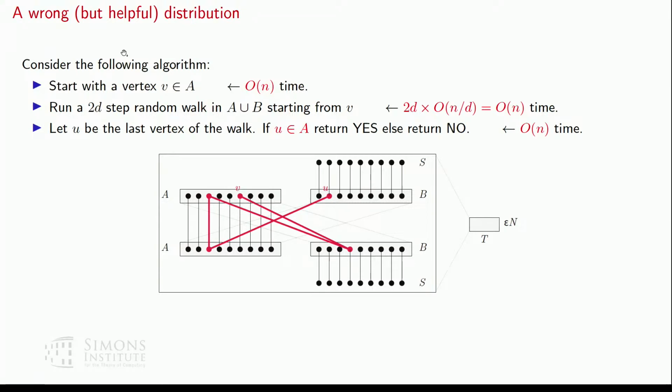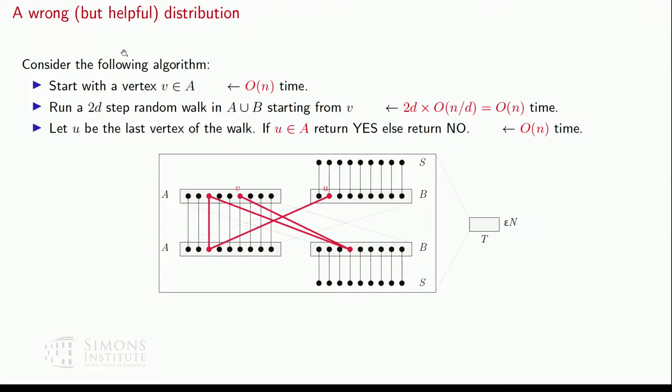And there's a statistically significant probability that you go through an AA edge exactly once if you have a 2d step random walk. In this case, if you start from A, you go to B, A, and from A to A, so the parity changes. Because you do this once, you'll end up in B. So in the yes case, there's a constant probability that you end up in B. In the no case, you're always going to be in A. And this is enough to distinguish the 2 cases in order n time overall.